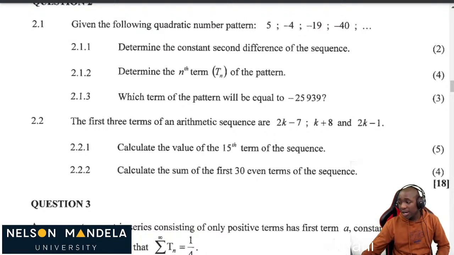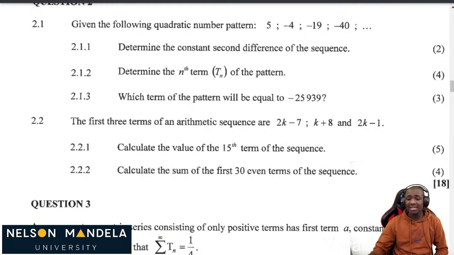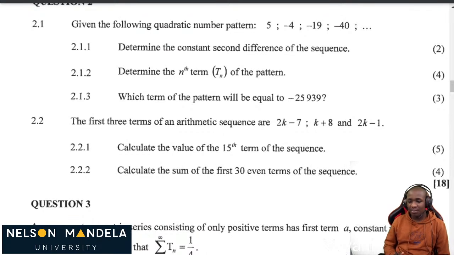Now, in grade 12, we have arithmetic sequences, and we also calculate the summation. In the summation part of grade 12, this is where it can be a little bit rough, but it's not that hard. But let's go.